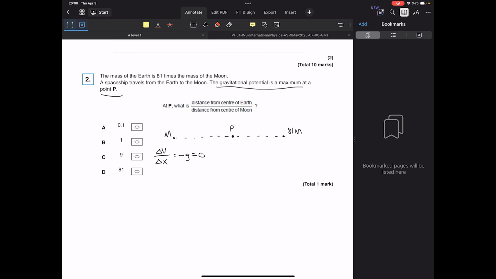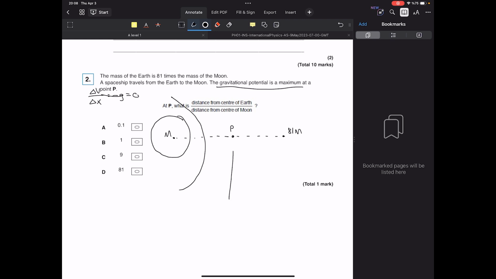You can think of this as if you draw the equipotential lines around these. If you ignore the earth, the equipotential lines around the moon would be circular like this. However, because the earth is there, it's going to be a weird eccentric shape, such that at P it's going to be horizontal like this, and it's going to return to being circular at the earth.